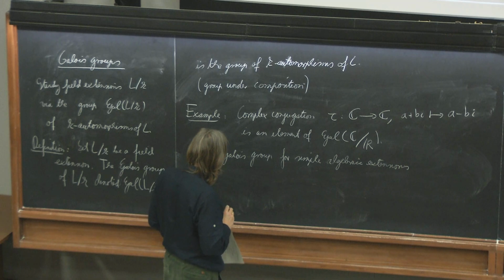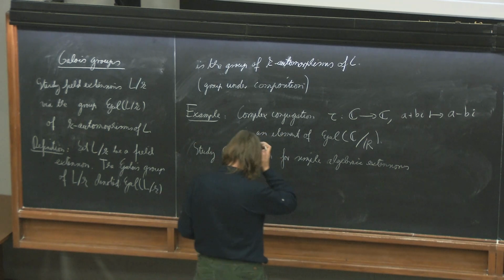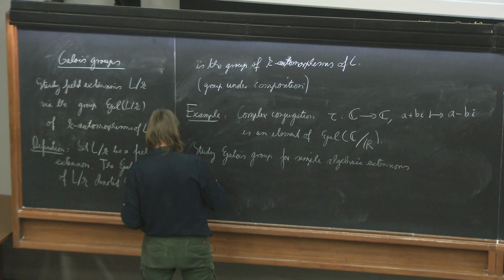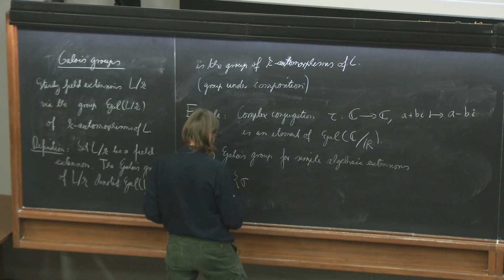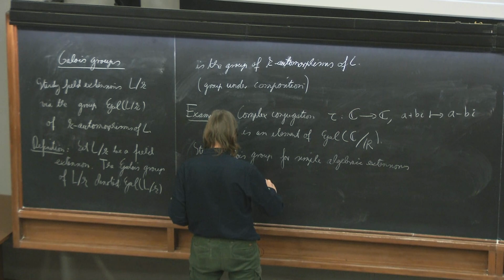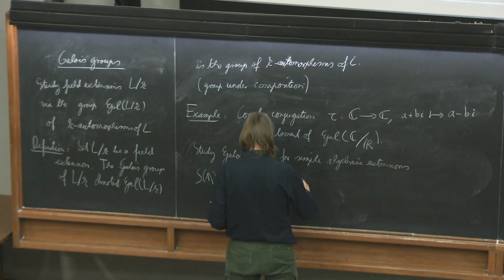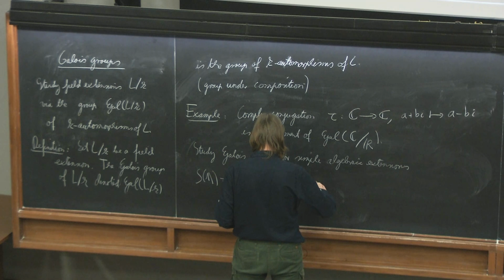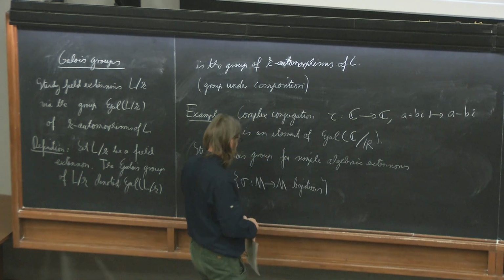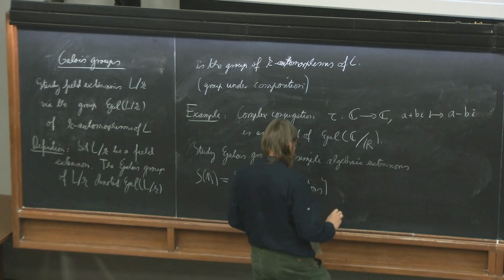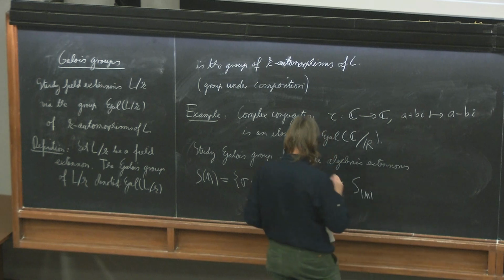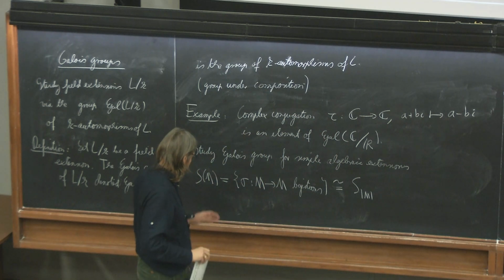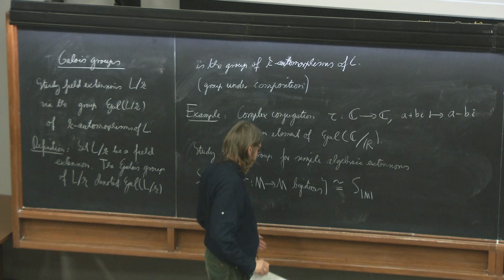Okay, recall that for a set M, we have S of M, which is just the set of all bijections sigma from M to M. And this is a group under composition, and it's isomorphic to the symmetric group in as many letters as there are elements in M, if M is finite.